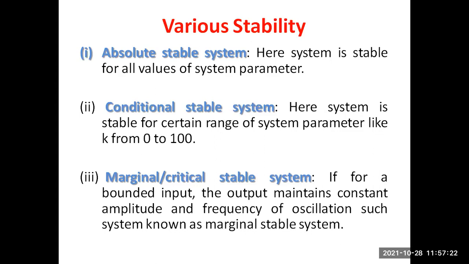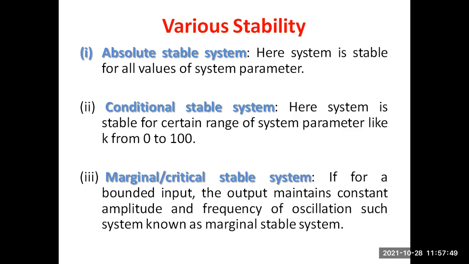If you tune those parameters, it may so happen the system will be out of bound or out of the stable region. But in an absolute stable system, if you vary the system parameter, in all cases there will not be any change in the system output. System output remains within the stable region. Those kinds of systems are known as the absolute stable system.